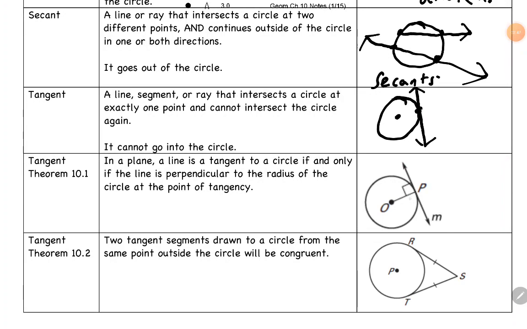So this is theorem 10.1: in a plane, a line is tangent to a circle if and only if the line is perpendicular to the radius. So if we draw the radius and connect it to the tangent, right there, that means this angle is 90 degrees and this angle is 90 degrees.